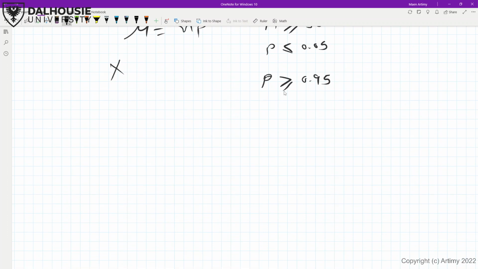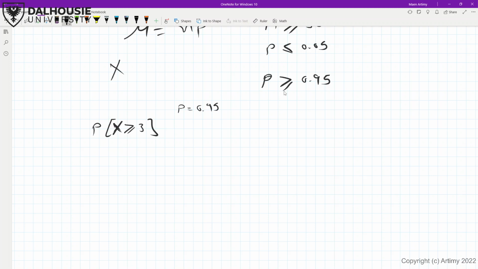So let's say I'm looking for the probability of having x greater than or equal to 3 using binomial. The p here refers to the probability of success, not the number of successes.